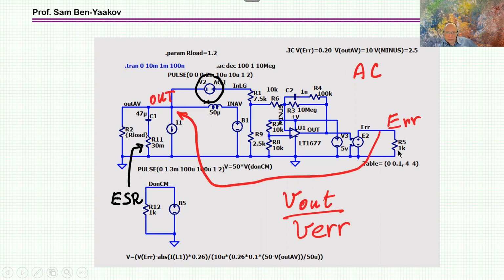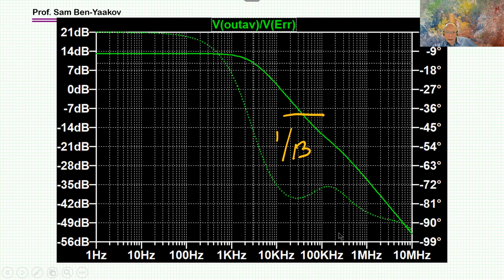This is AC here, there is AC here, so I can look at the ratio between here and here. This is the open loop response of the stage with the closed current mode feedback, current feedback. And here is what I am getting.